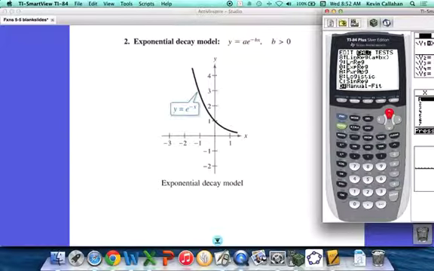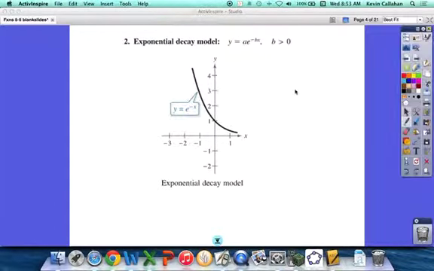It does not give you that model. It gives you something that looks like a times b to the x. So the a and the b will be constants that you're given through the modeling process. It won't give you a log base e. There's no way to force it into that kind of thing. But you could make an exponential model if you felt like that was what your data looked like.